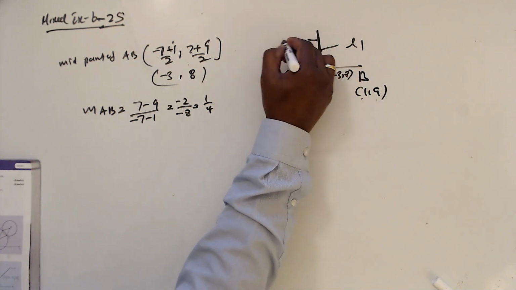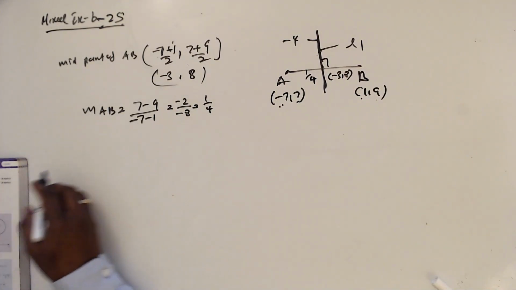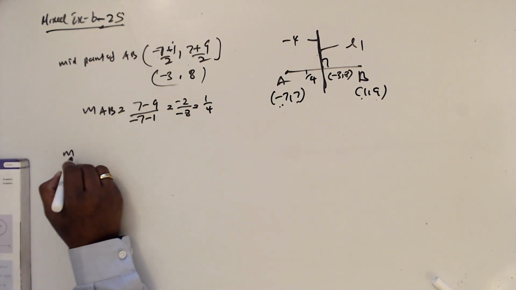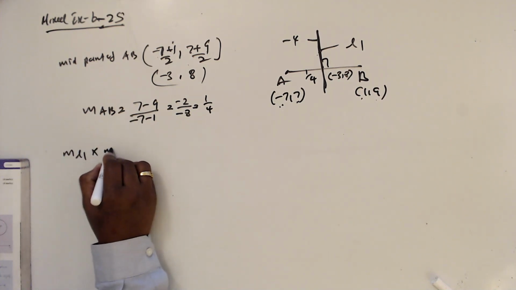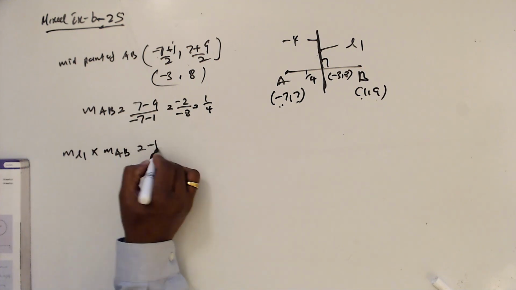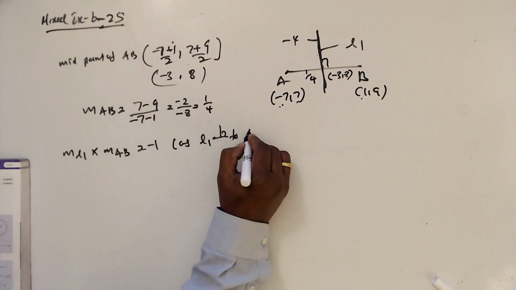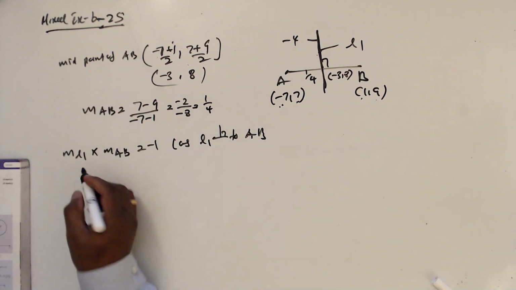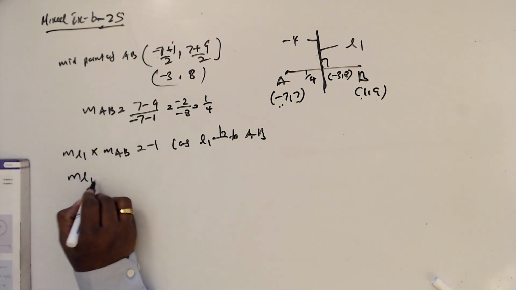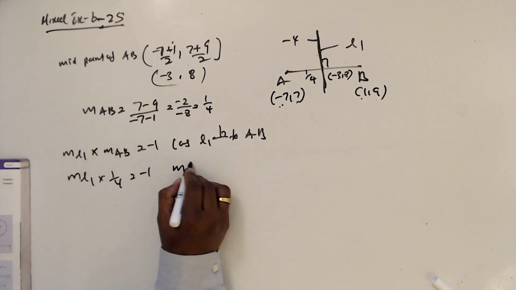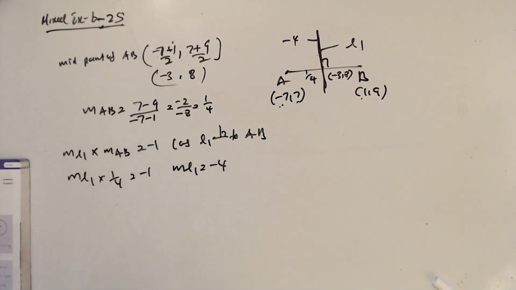Then m_L1 times m_AB equals minus 1, as L1 is perpendicular to AB. So m_L1 times 1 over 4 equals minus 1, so m_L1 equals minus 4.